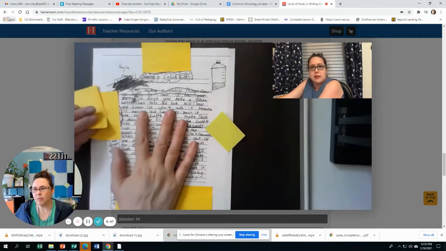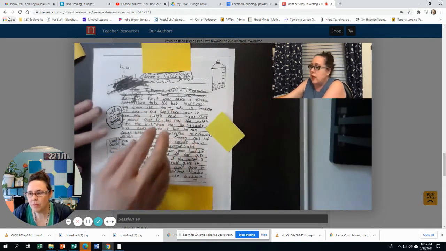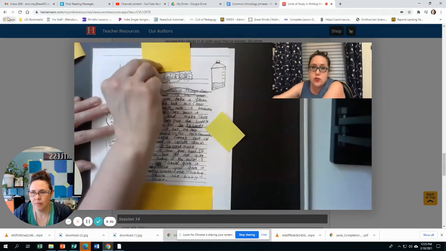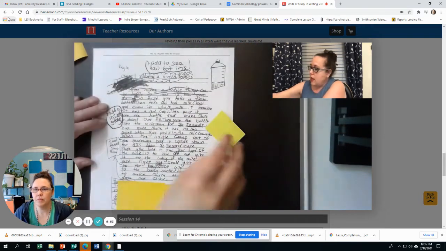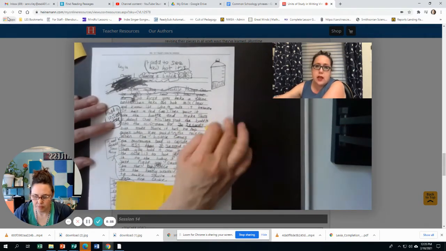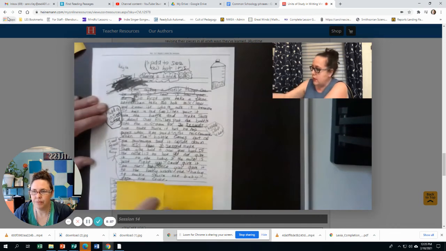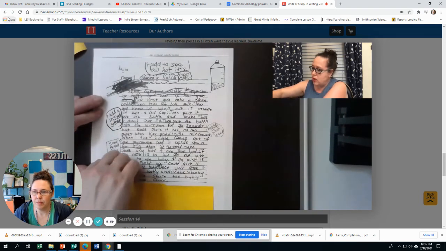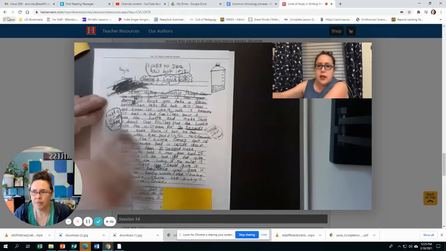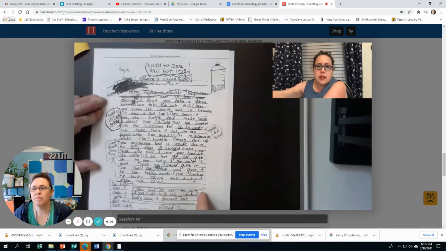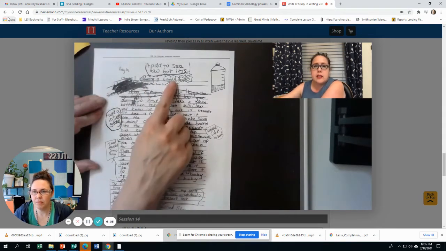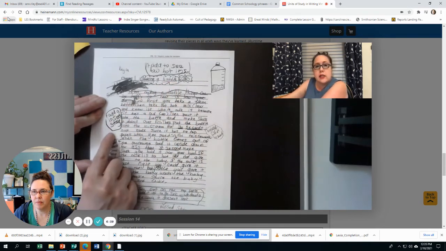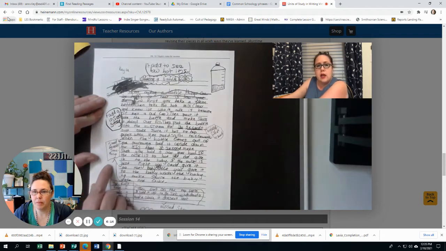So Kayla made some notes to herself after she used a checklist, and she added some notes to herself on her draft so that she could make her piece even stronger. She decided that she wanted to add how to see how hot it is, like how can you tell how hot it is, and to add an inside story, an example of a time where she did this.